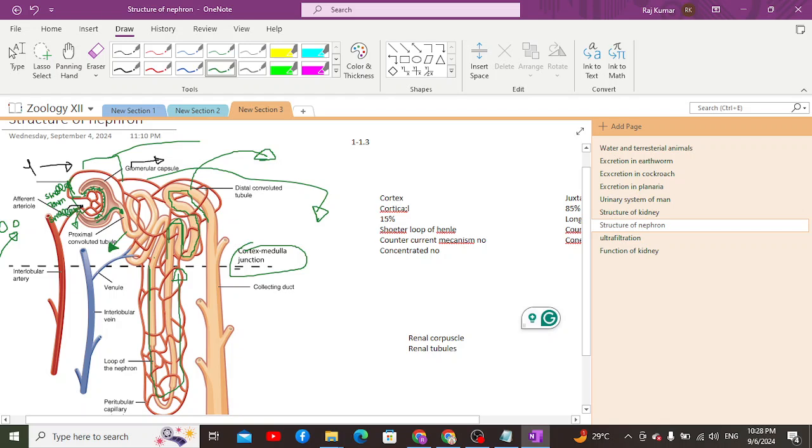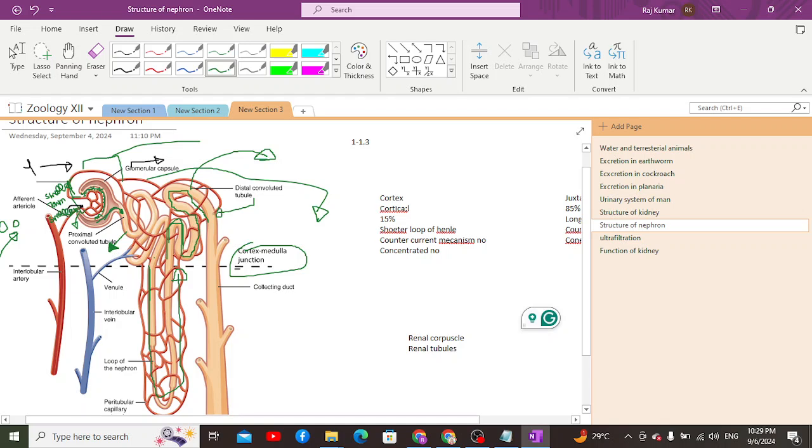Why is urea being selectively reabsorbed in the distal convoluted tubule? There is a huge mechanism behind it, but for now it's crucial to understand that it happens in the distal convoluted tubule.